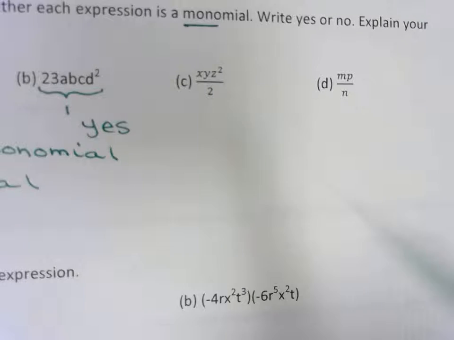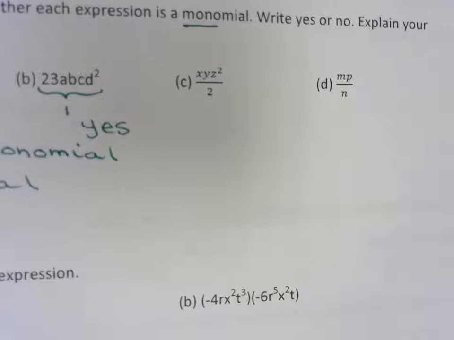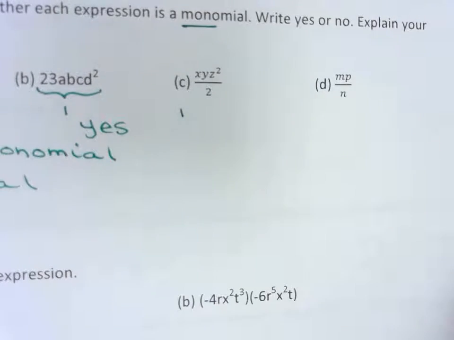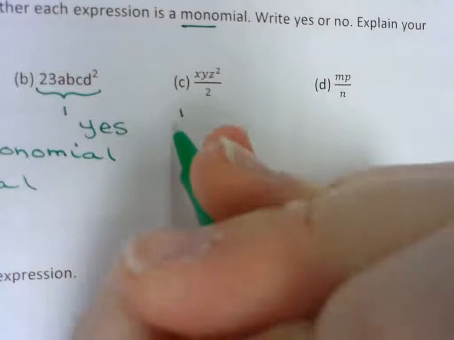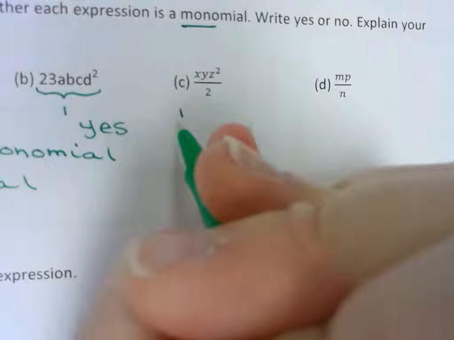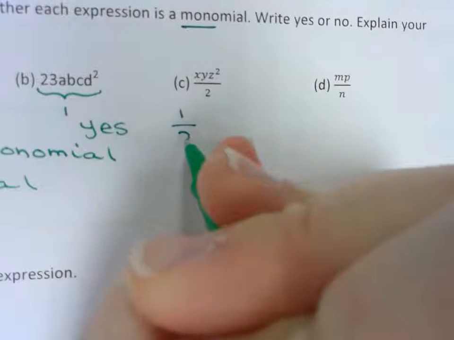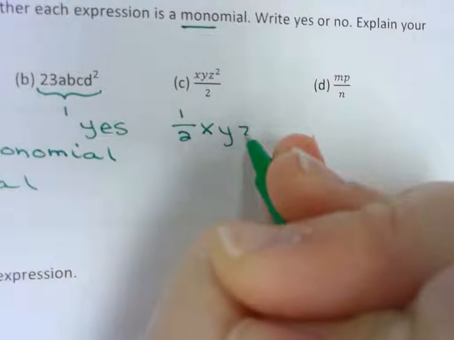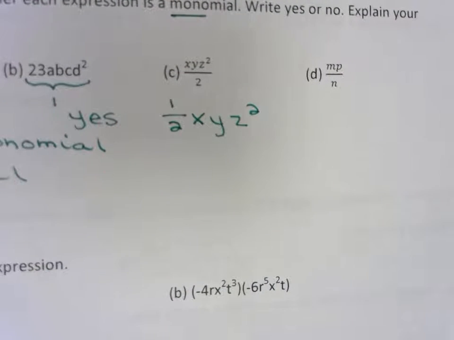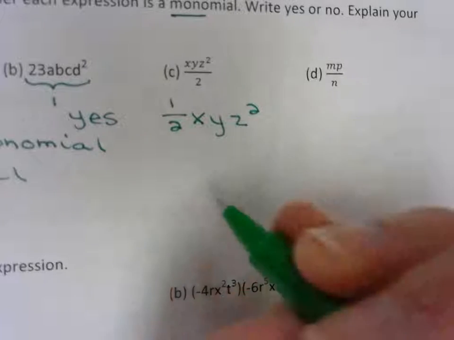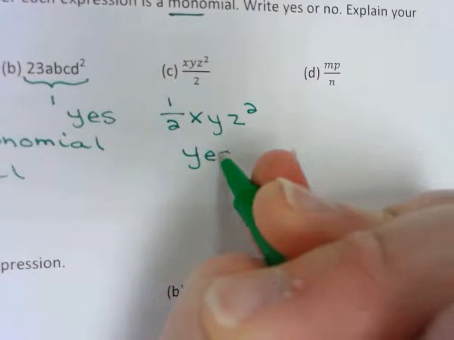Instead of dividing by 2, how can I rewrite this? Multiplying by 0.5 is the same as multiplying by what? Half. So I can rewrite it as multiplying by a half. So yes, this is a monomial because there's only one term.